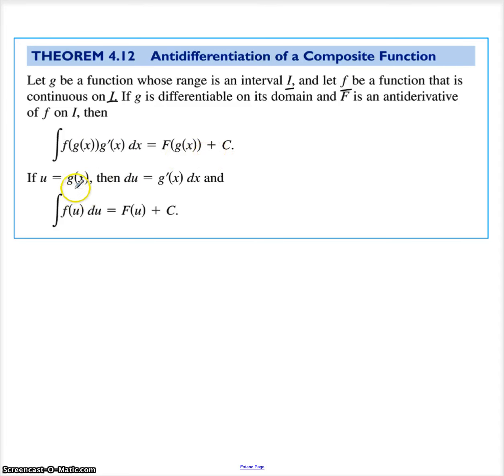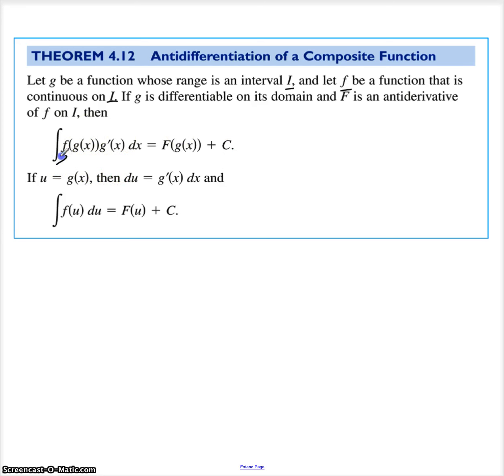Another way to write this is to let u equal g of x and then substitute u in. And then the integral of f of u du is F evaluated at u plus c. Now, the trick with these is you have to identify the different functions.